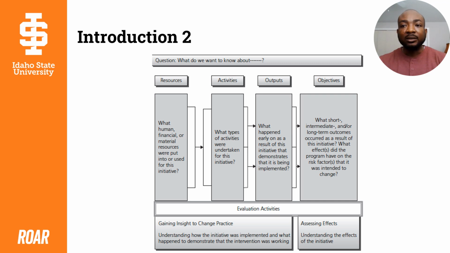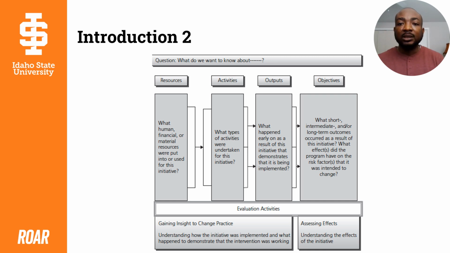The logic model may be used as the starting point for identifying evaluation questions, as illustrated in this figure. So they've assembled the evaluation team and other stakeholders make their way across the logic model from left to right. At each stage, the question is asked, what do we want to know?